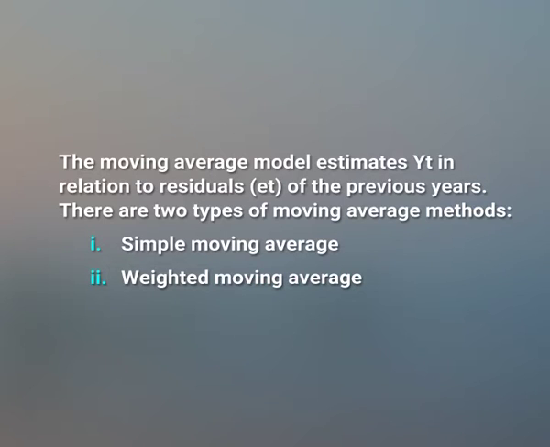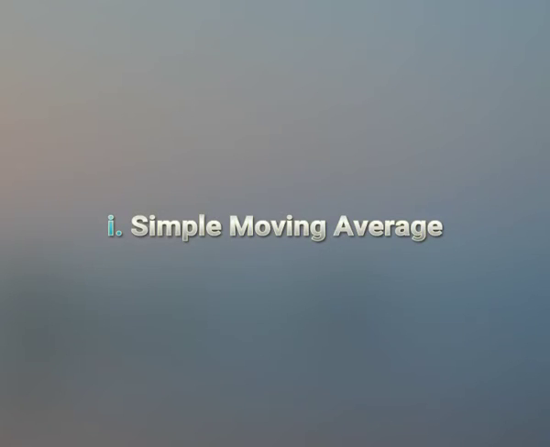There are two types of moving average methods. The first one is the simple moving average method and the second one is the weighted moving average method. First of all, we will talk about the simple moving average method. The simple moving average was more popular before the emergence of computers because it is easy to calculate.